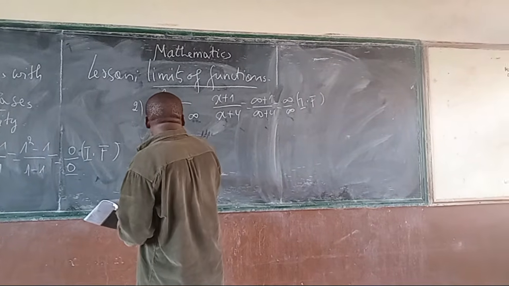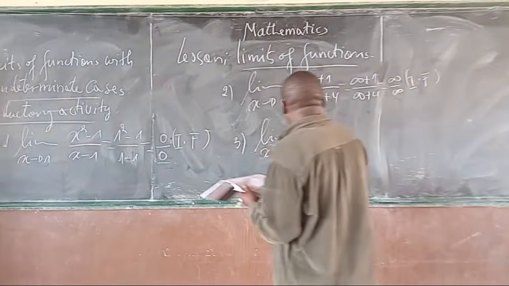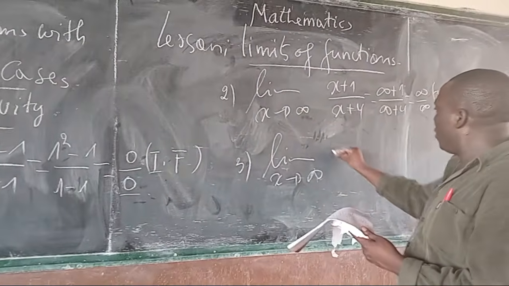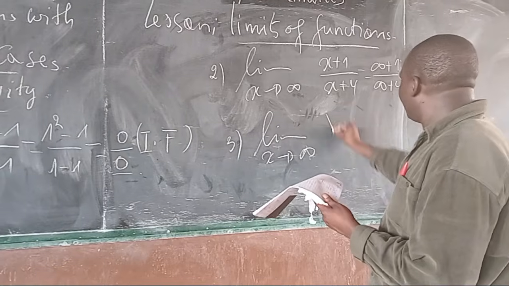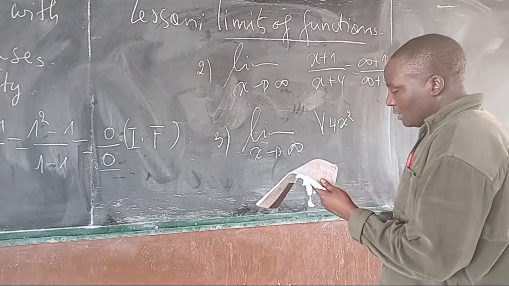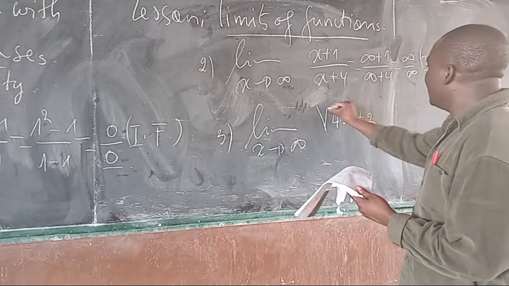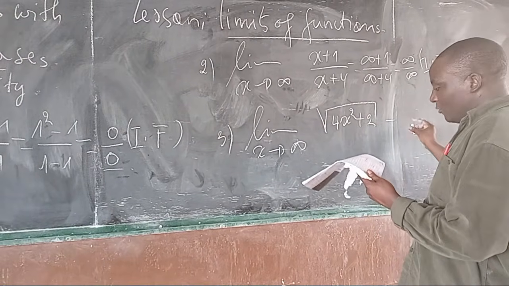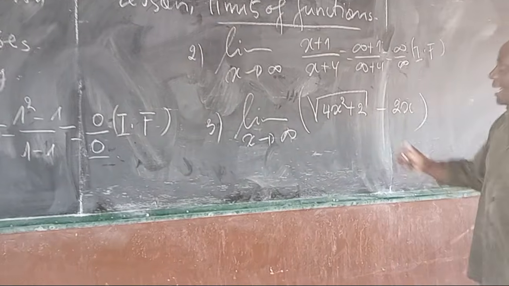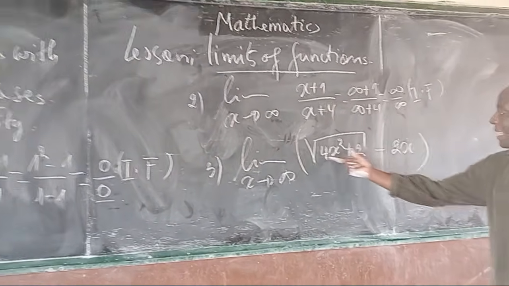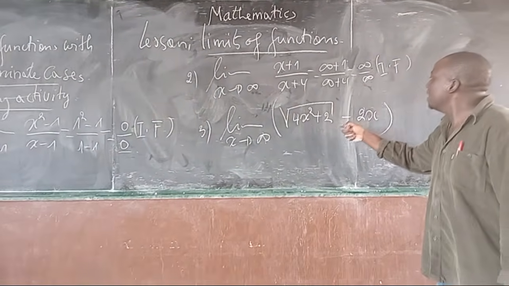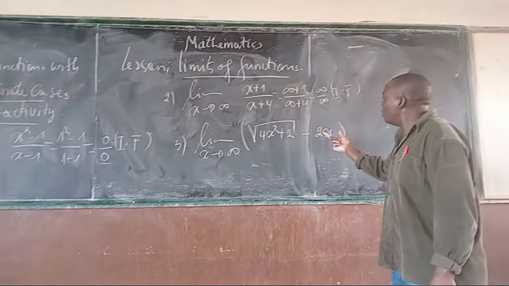Then the last one, number 3. Let us put a point about those activities. When we have the limit, as x approaches infinity, of the difference between two functions: square root of (x² + 2) minus 2x. Teachers, see clearly: our given function is a difference between two functions.